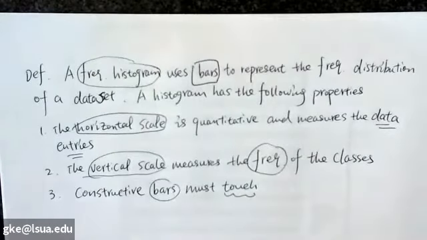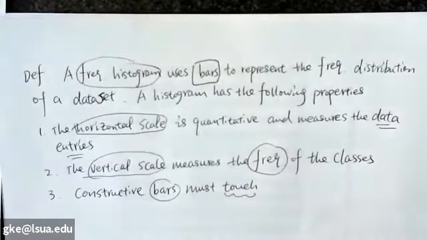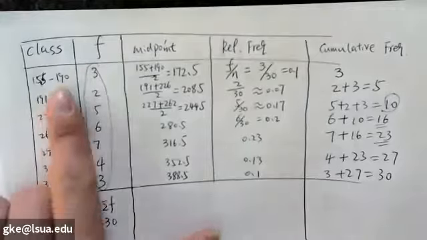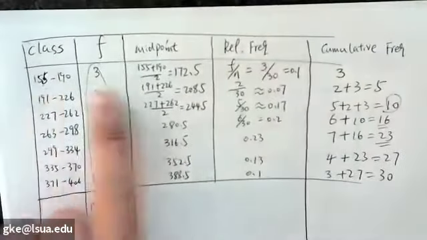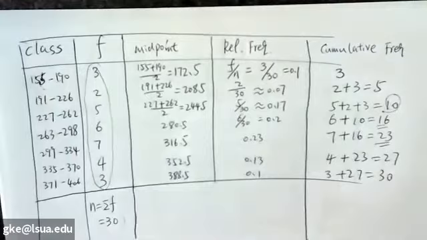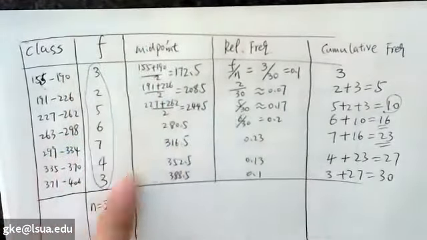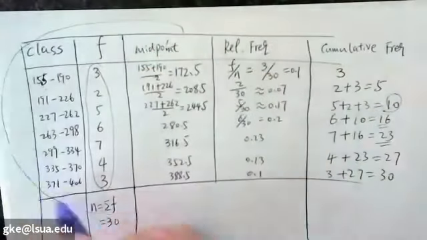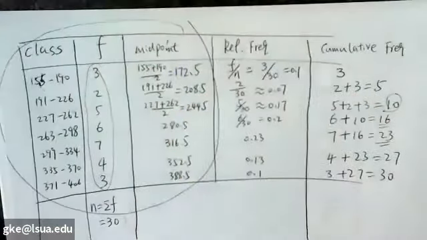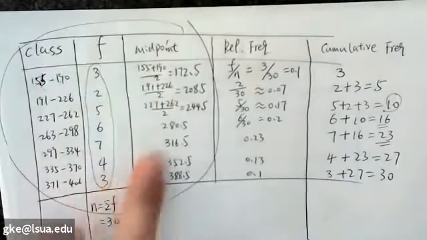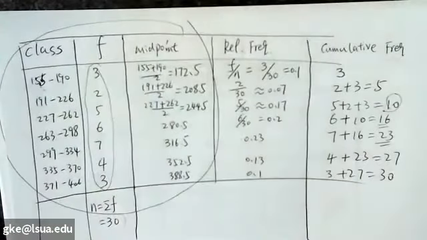Okay, so for example, based on the example we learned from last time, how to construct the histogram based on the frequency and the middle point here. Okay, frequency and middle point here.